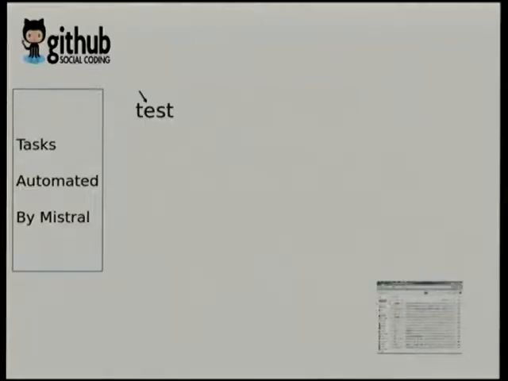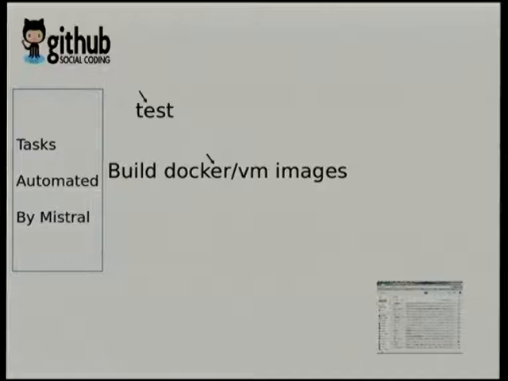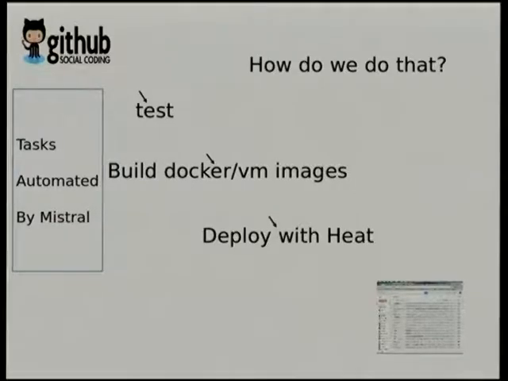So at the moment, what we're doing is we're using a StackForge project called Mistral, which is workflow as a service, to automate the running of the tasks. One of those can be unit tests, and then building images, which can be either Docker images or VM images, and deployment using the Heat project.